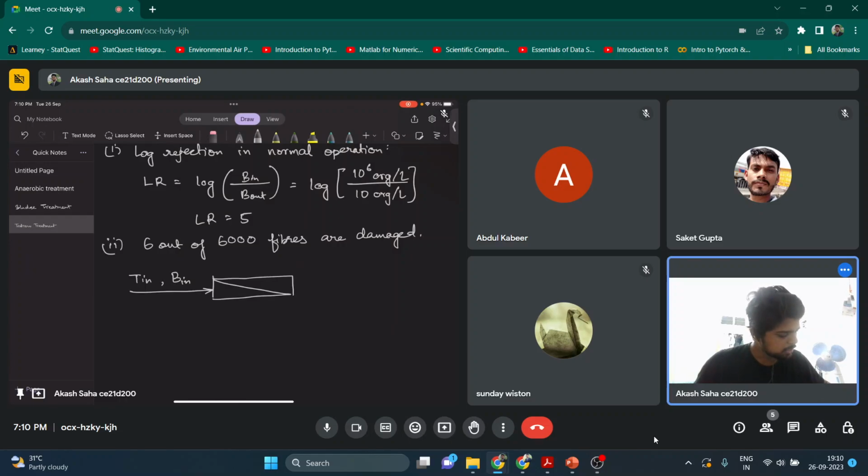This membrane is normal, so some part of it will be treated, and whatever comes out will be T out and B out. But in the broken part there will be no change, so it will again be T in and B in. And the final effluent that comes out by mixing these two flows will be TE and BE.